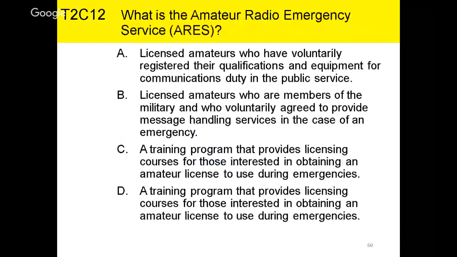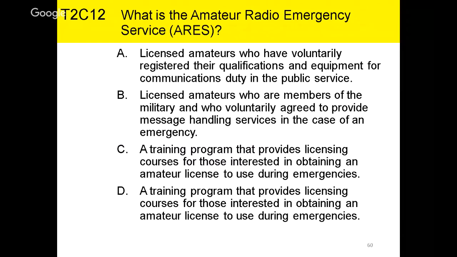All right, the Amateur Radio Emergency Service. Now, the question before this was about the RACES station. To identify what a RACES station is, the key thing about a RACES station is it's primarily an organization for civil defense.